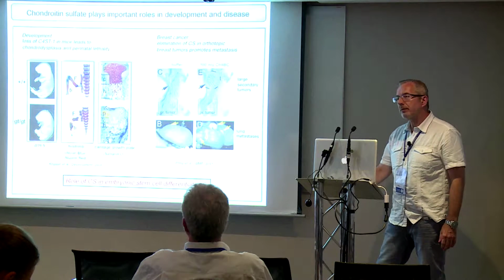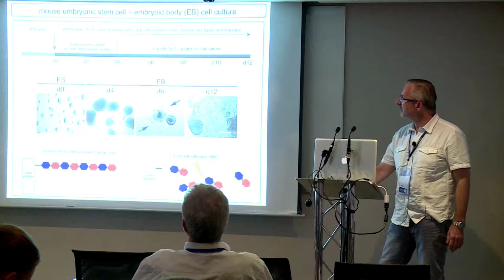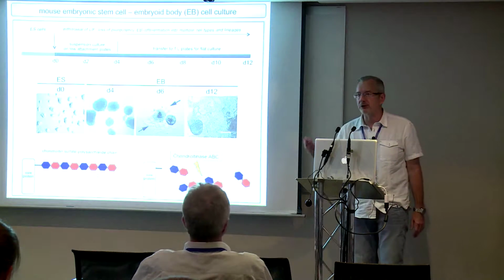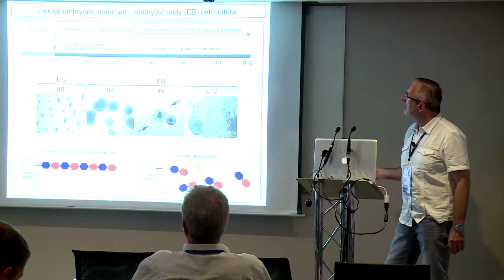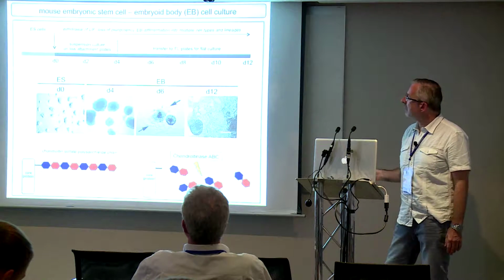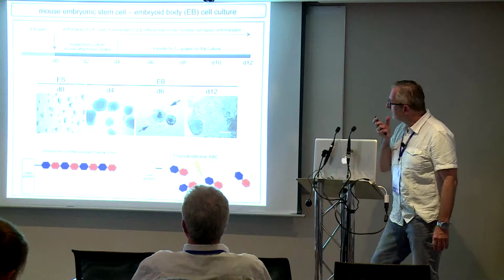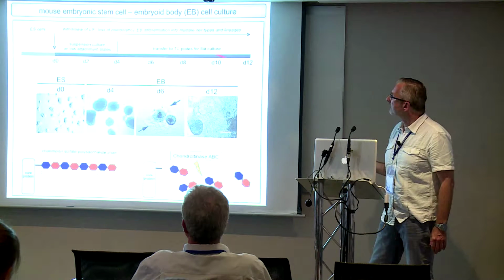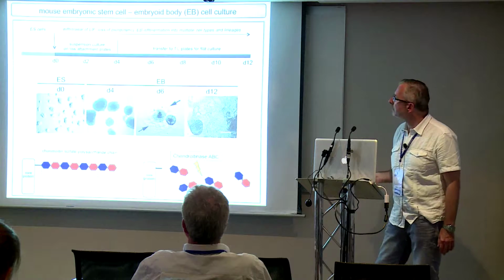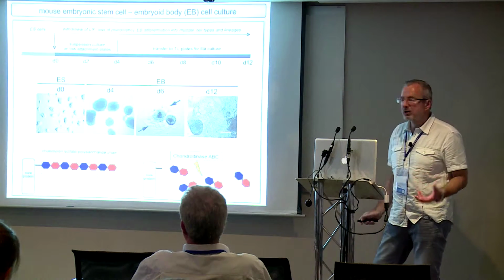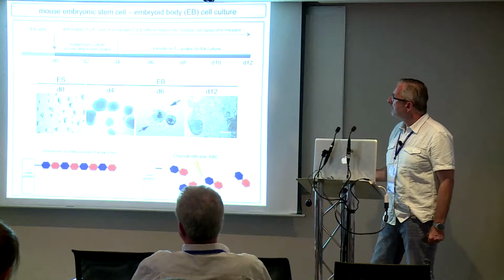And today I'm going to talk about the role of chondroitin sulfate in embryonic stem cell differentiation, and these are mouse embryonic stem cells. The model we are using, we basically differentiate embryonic stem cells as embryoid bodies on a flat culture system. So here's day 0, where we have a 4-day suspension culture, so you get cystic embryoid bodies.